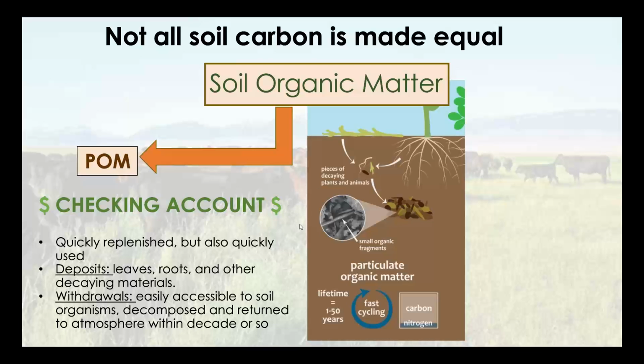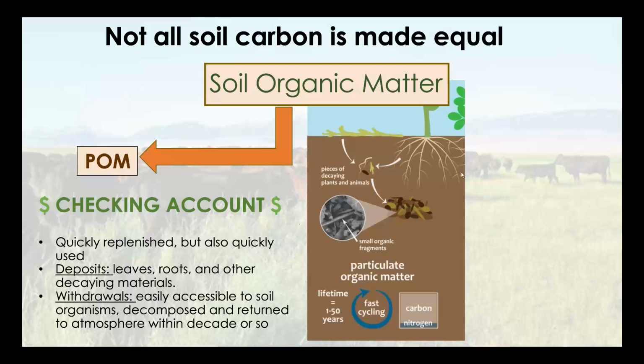One useful analogy for thinking of these pools is a bank account. The POM is like the checking account. It receives money every payday through deposits like the leaves, the roots, and other decaying materials.